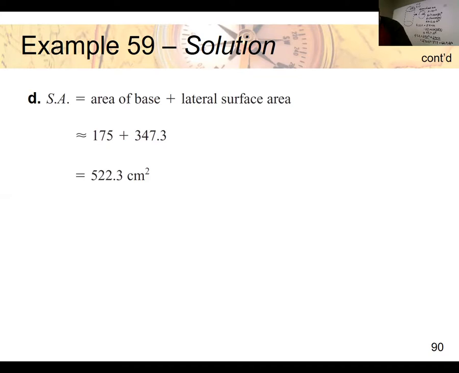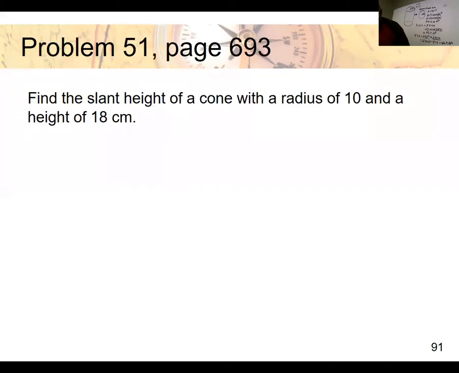All right, now let's look at some problems that I picked out of the textbook. Find the slant height of a cone with a radius of 10 and the height of 18 centimeters. Okay.